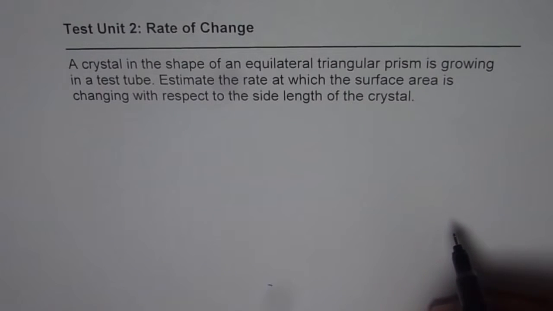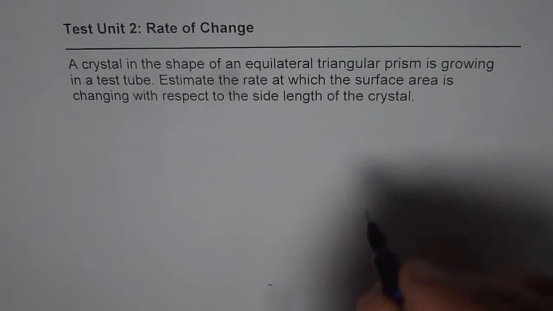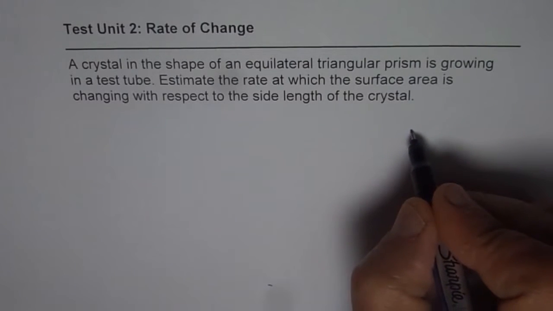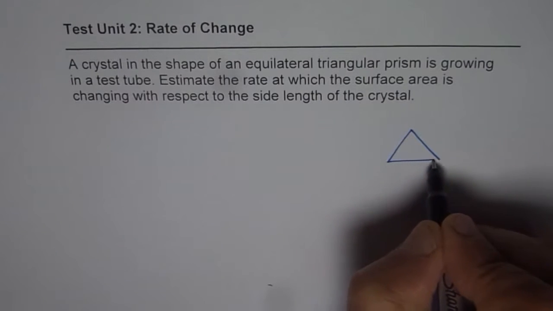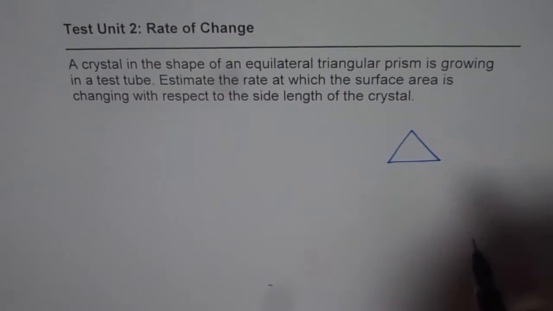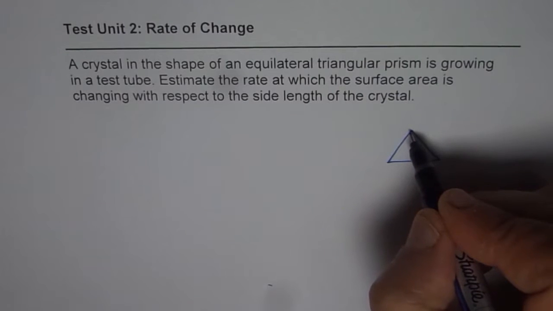Now let us first find out what is the formula for surface area of an equilateral triangular prism, and that was probably the major part. So a triangular prism is kind of like this. When we say equilateral, that means we can make an equilateral triangle and then complete the prism part.